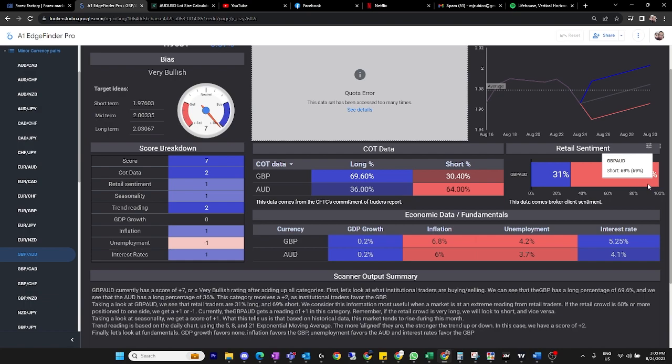This one explains kung bakit over the past few days, maybe bakit siya bumababa. 69% of the time short yung mga retail traders. But the economics and other fundamentals suggest that it's long.